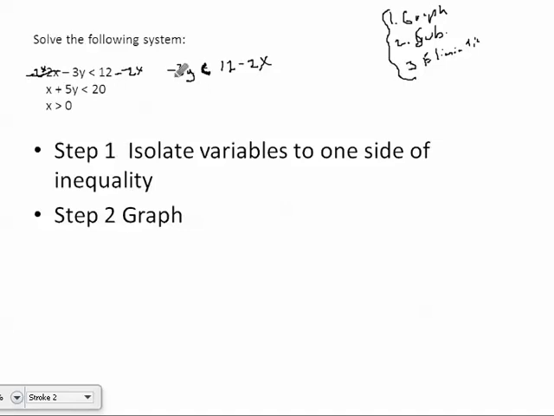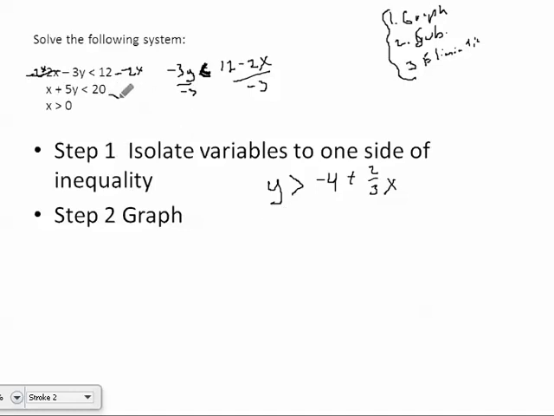Now I'm going to divide by the negative 3, and because I divided by a negative, my less than sign is going to turn around, and that means it'll be y greater than negative 4. 12 divided by negative 3 is a negative 4. And then negative 2 divided by negative 3 would be a positive 2 over 3 x. Now what I've done is I've solved this down to being y equal to something. That's easy to make that substitution later on, isn't it?